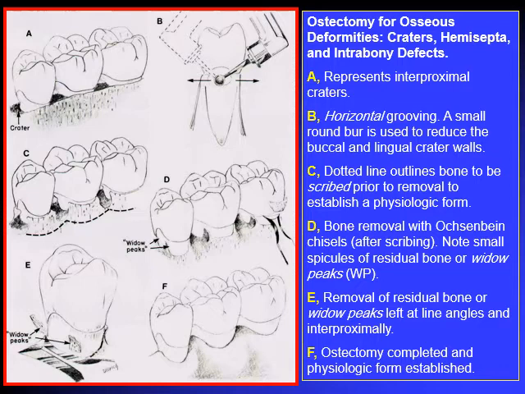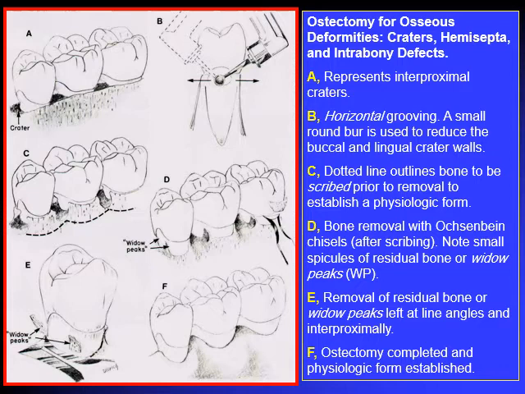When we do that, note these small bone spicules interproximally. This residual bone is named widow peaks. Bone stands alone. You know that if we adapt the flap to this configuration, the gingiva will seek the highest level of bone.